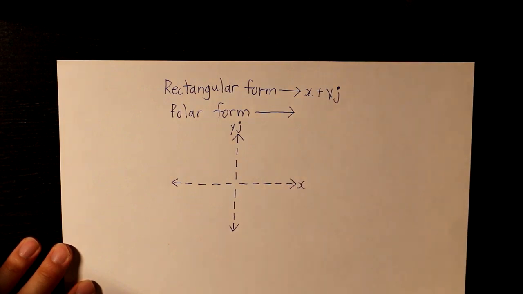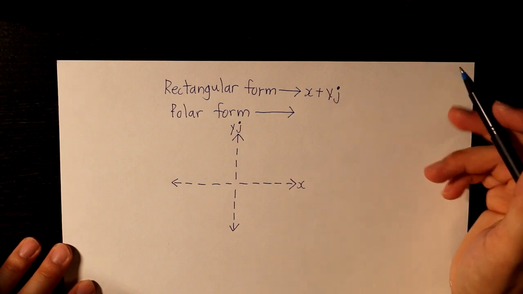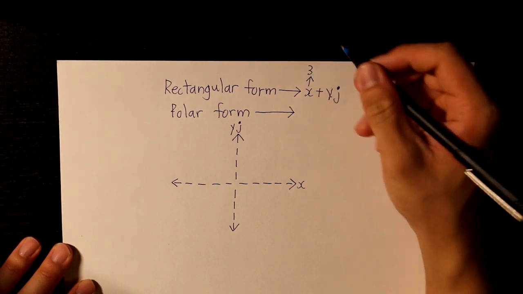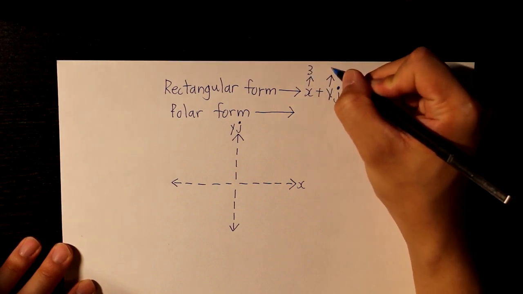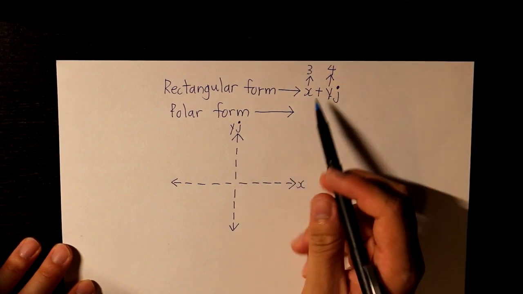And whatever values our x and y is, so for example, let's have x as 3 and then y as 4. To illustrate that in the graph, it's easy.